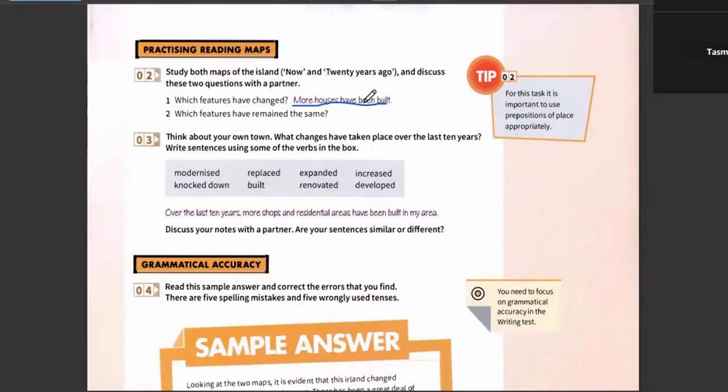The hospitals have been expanded for the patients' good treatment. Very good. Many hotels have been replaced by new and great restaurants. Very good. An old playground was knocked down, and a new town center community building was built instead of it.